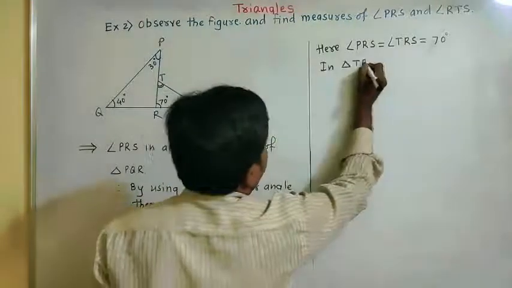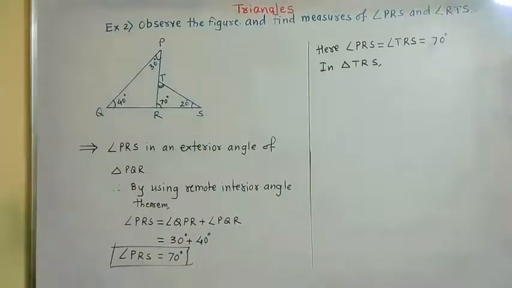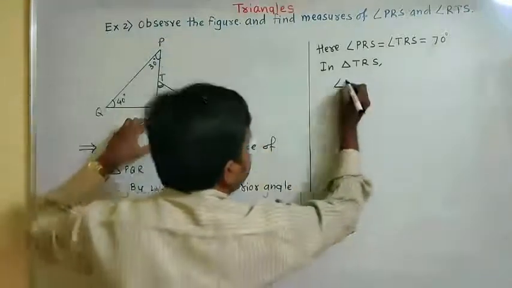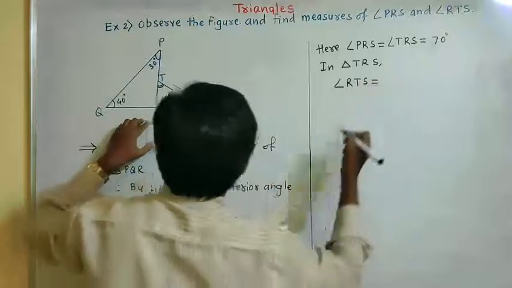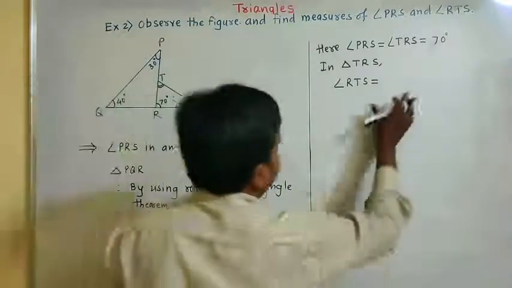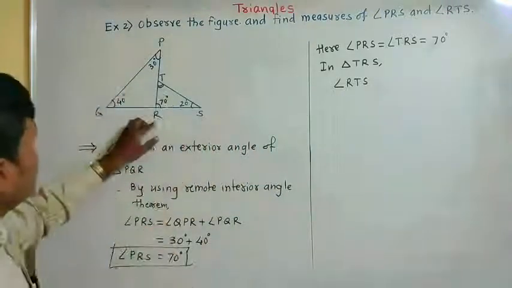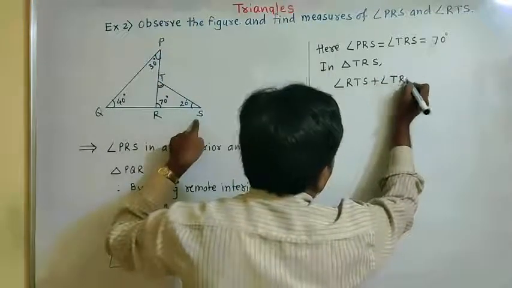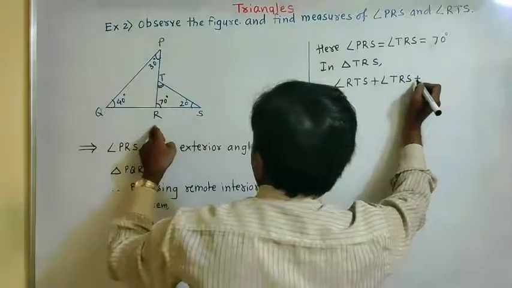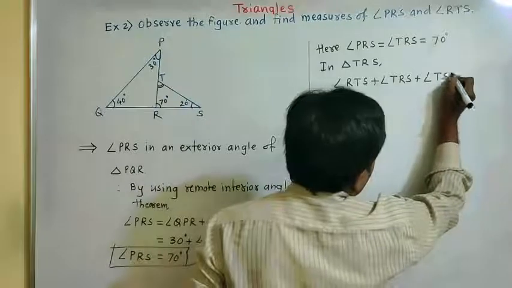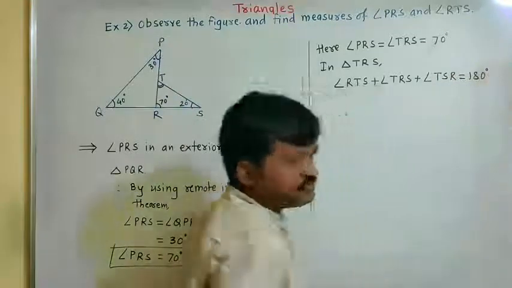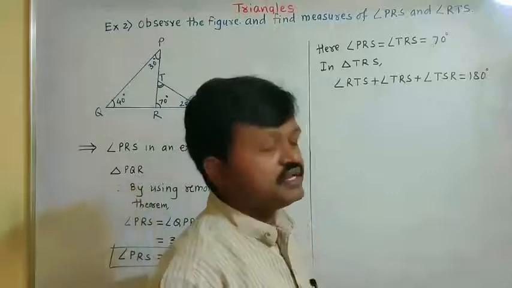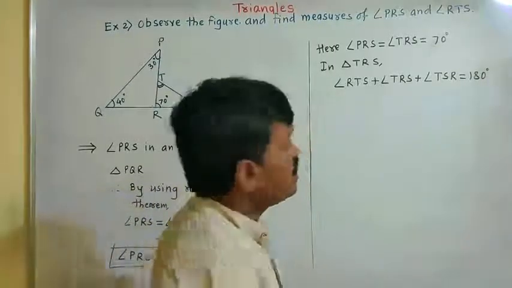In triangle TRS, the sum of the three angles is 180 degrees. Therefore, angle RTS plus angle TRS plus angle TSR is equal to 180 degrees. So we know this: the sum of all angles of a triangle.